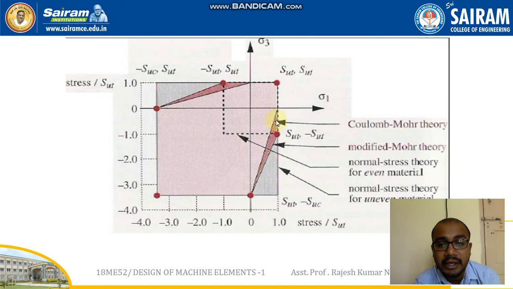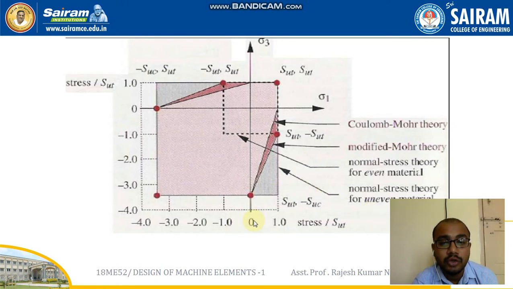This particular line indicates the Coulomb-Mohr's theory, and this is the modified Mohr's theory line. You can see the difference is very small, and this particular point is the ultimate stress difference between the modified Mohr's theory and the Coulomb-Mohr's theory. This particular line is the normal stress theory for even material, and this line is the normal stress theory for uneven material.